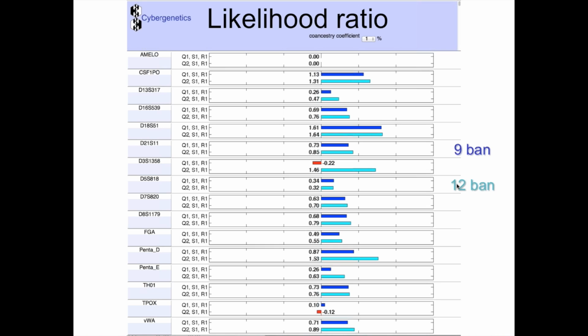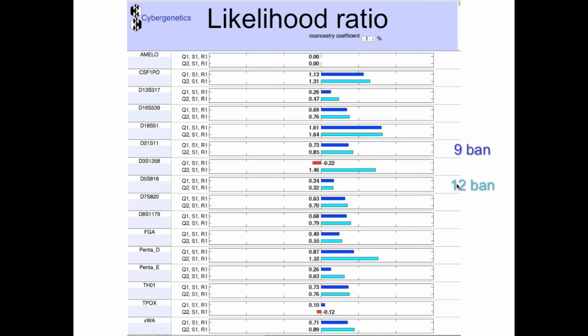In fact, they're almost the same, except at locus D3, where considering degraded DNA did a better job of looking at a stutter peak. And in fact, even though overall, looking on the right, there was a difference between 1 billion, which is a 1 followed by 9 zeros or 9 band, and then considering the decay factor, 12 band or 1 trillion, a 1 followed by 12 zeros.